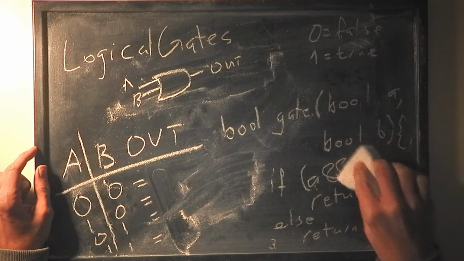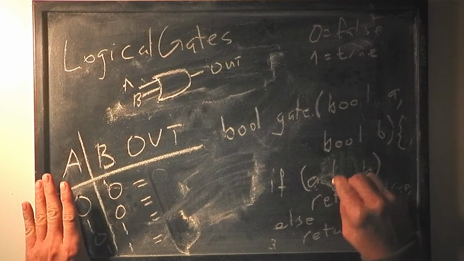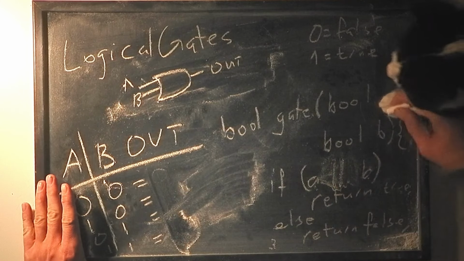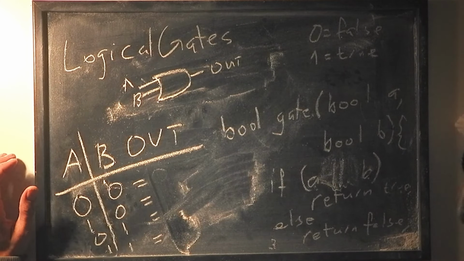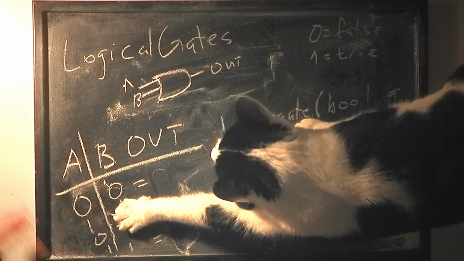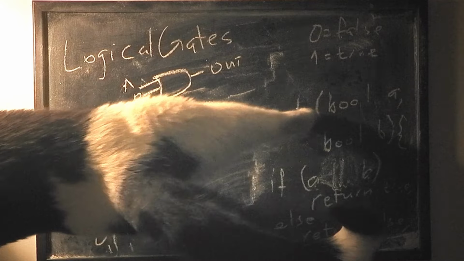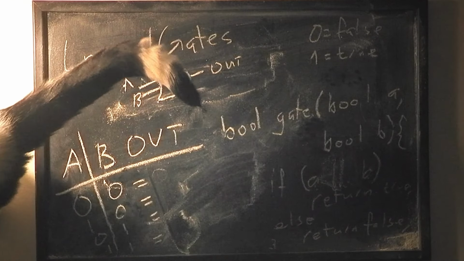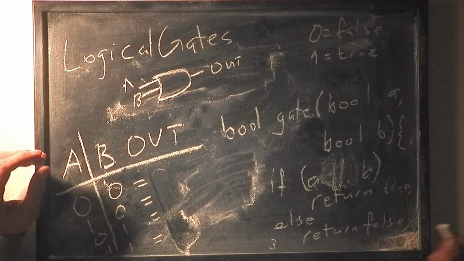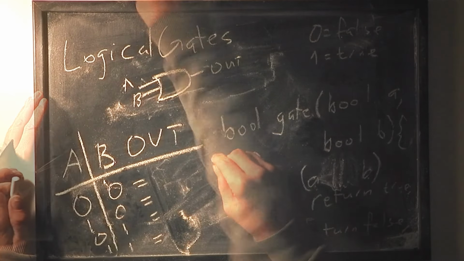And the code for this is the same as the other one, except that we have an OR here instead. So this is a logical OR gate.